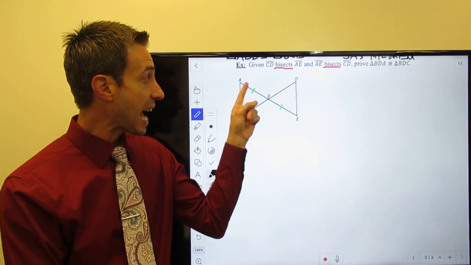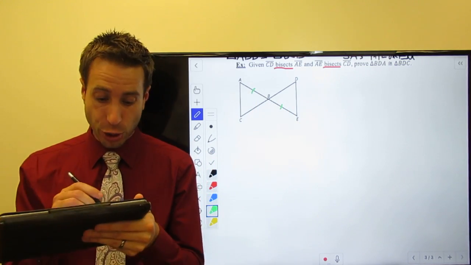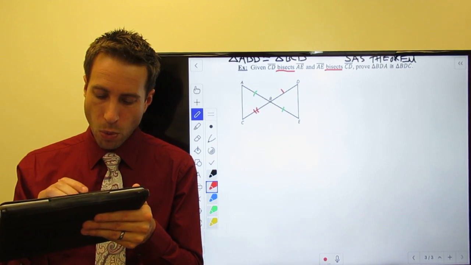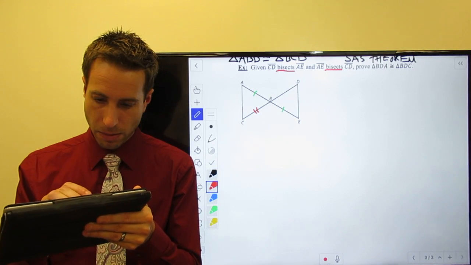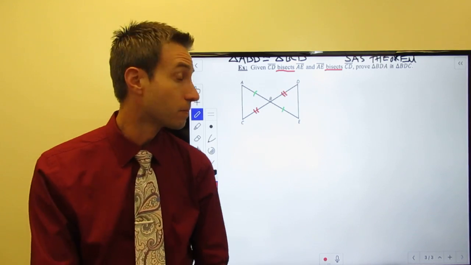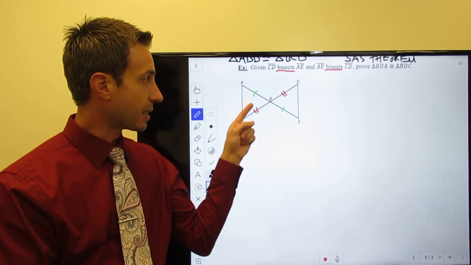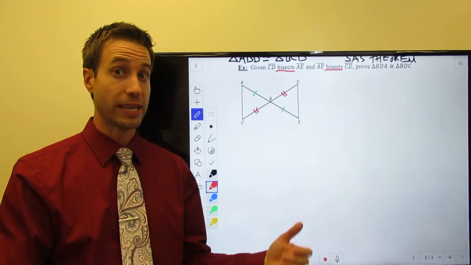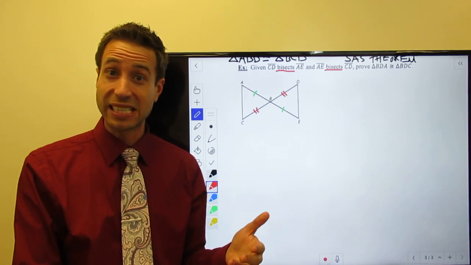So that means AE cuts CD into two equal segments. What? I know, mind's blown. Well, guys, you're almost there. I got sides. All you gotta do is show the included angles are congruent and you got it, side, angle, side.